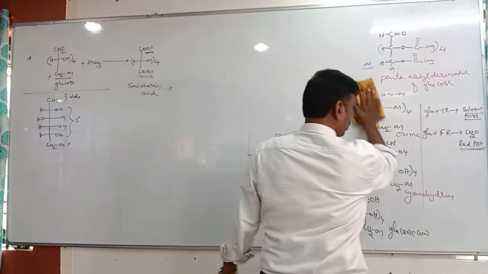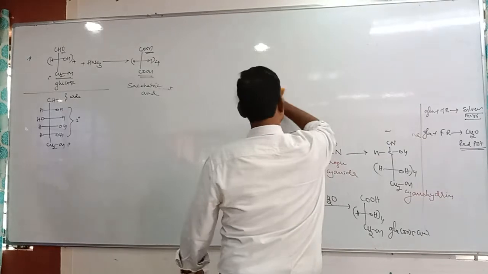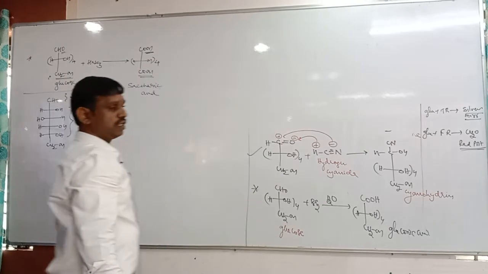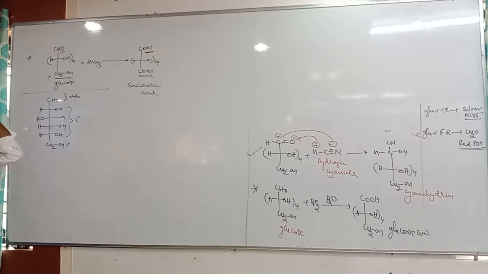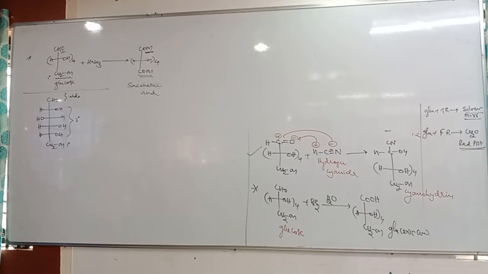Next, glucose also reacts with Tollens reagent to form a silver mirror, and with Fehling's solution to form a red precipitate of Cu2O, cuprous oxide.